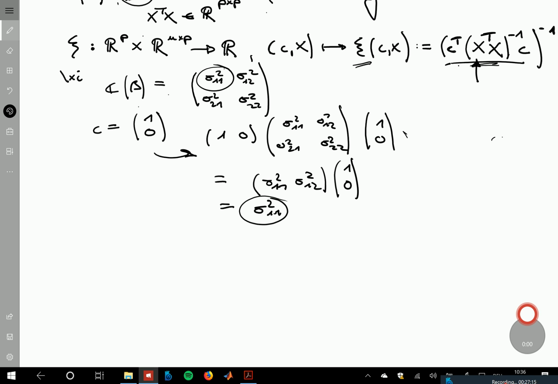Why this is a good criterion relates to the t-statistic. The t-statistic for some contrast weight vector is given by the contrast weight vector multiplied by the beta estimates, divided by the variability of this contrast, which has exactly the same form as our criterion, only that there's a square root.